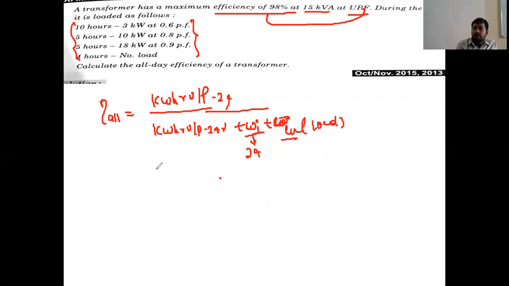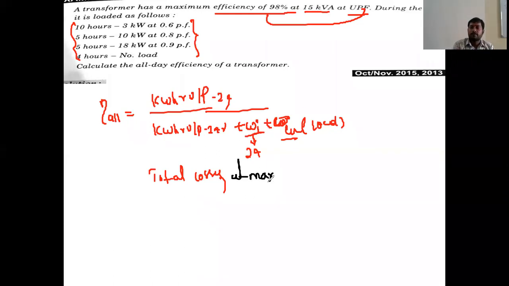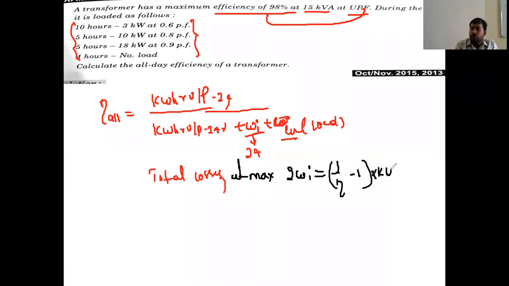So total losses at maximum efficiency is equal to 2 times the iron losses, which is equal to (1 by efficiency minus 1) into kVA into power factor.